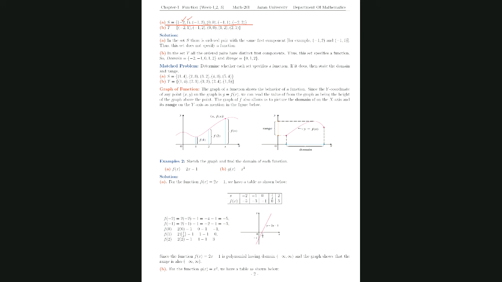So how to check if this set defines a function or not? Not a function. Last lecture I explained. Look here: if one input appears 2 times or 3 times, then it is not a function. Here input 1 appears here, and input 1 appears here 2 times.